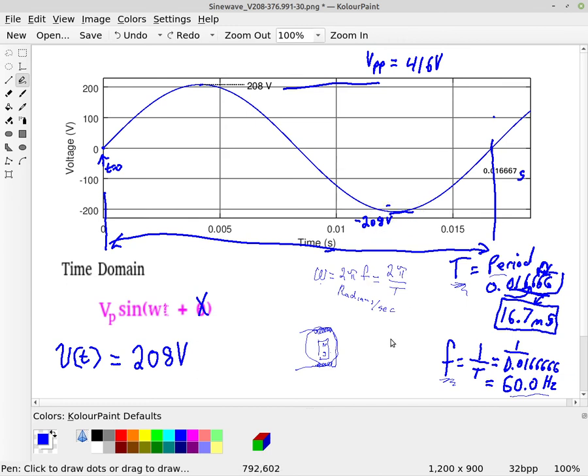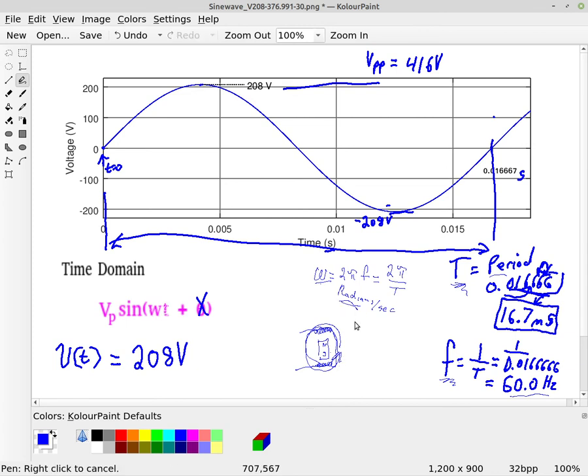So when we're looking at radians, or radians per second, what we're saying is this is how many revolutions we're going to have around the circle, right? Radians is talking about going around the circle.